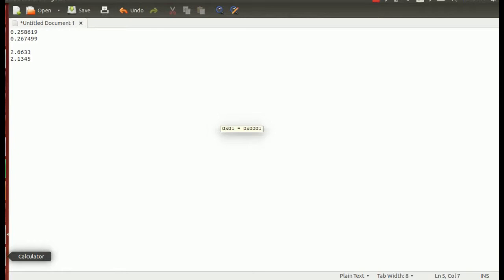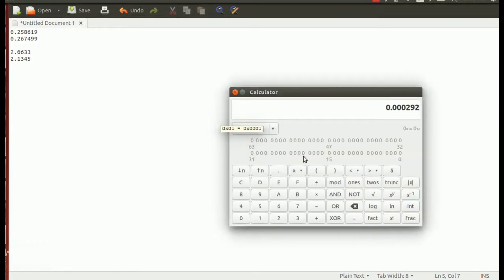So the total delay offered is 2.1345 minus 2.0633, so that is equal to 0.0712 seconds or 71.2 milliseconds.